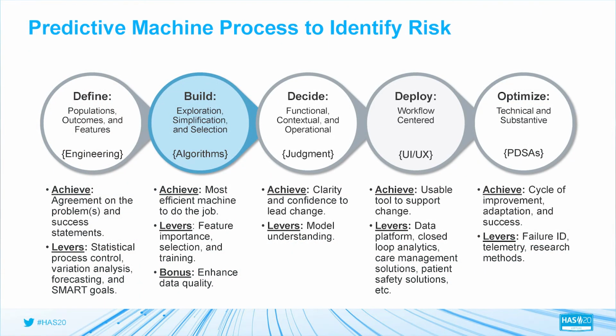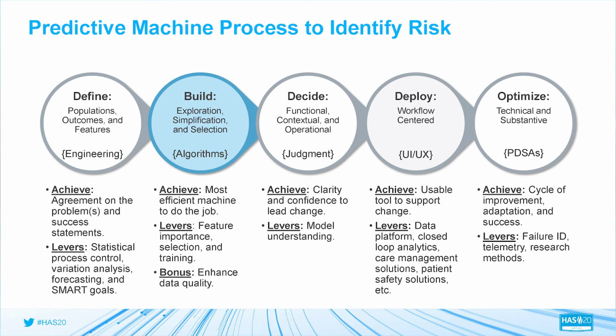We have a very well-defined process for how it is that we build predictive machines, and we're going to focus on one piece here, which is just the building. But just to point out, as Terry mentioned, 80% plus of the effort is really engineering at that defining stage of can we identify the populations and the outcomes and features and bring together all the disparate data sources that we have. Once we're done with building, which we're going to focus on, we then need to make those critical decisions that human leaders typically make, like where is it that we should set thresholds.